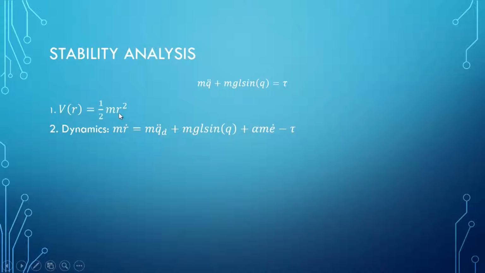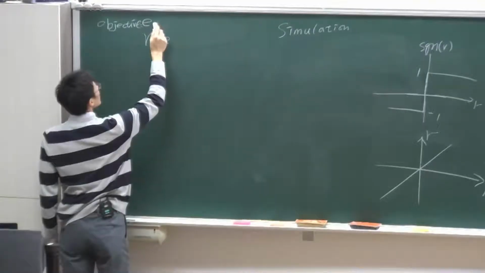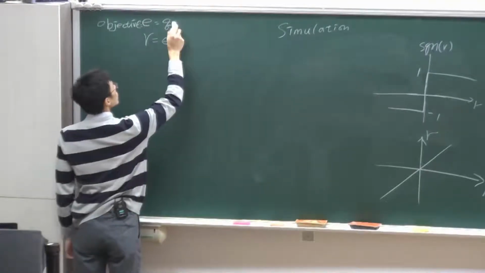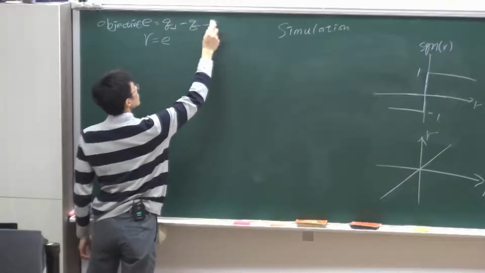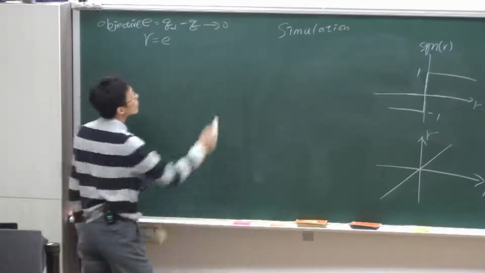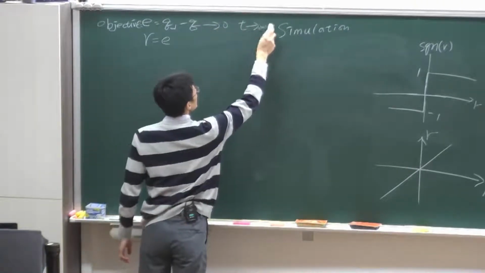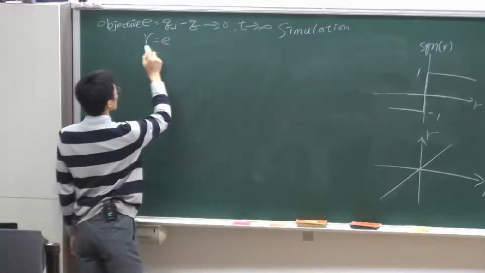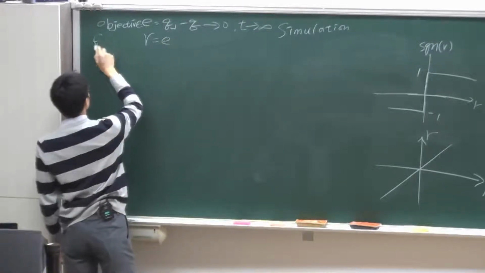So you put R here, and here's the new open loop dynamics, because here's Q double dot, right? And here is R dot. But both are open loop dynamics because you haven't substituted your control input yet. E defined as Q d minus Q goes to 0 as t goes to infinity. And so we define a filtered tracking error.